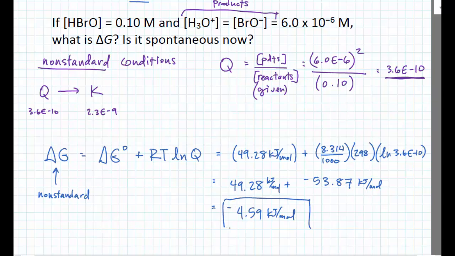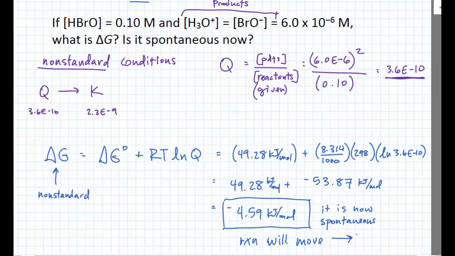What does that mean? It is now spontaneous. Meaning starting under these conditions with 0.10 molar of the reactant and very small amounts of the product, the reaction will move to the right.